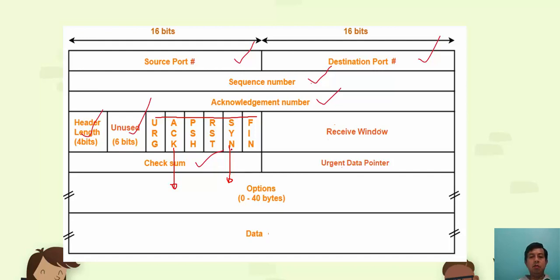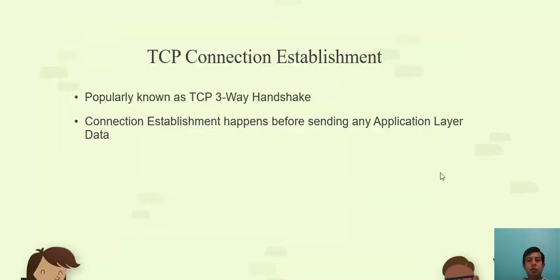So we'll see the role of these two flags and how they are used in the TCP connection establishment phase. Last class we briefly mentioned the TCP connection establishment, a handshaking phase that takes place before actual transmission of data. Remember, before actual data transmission takes place, a handshaking process takes place between the two sides.